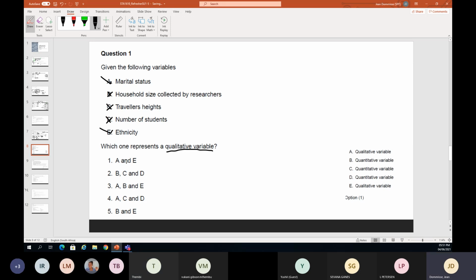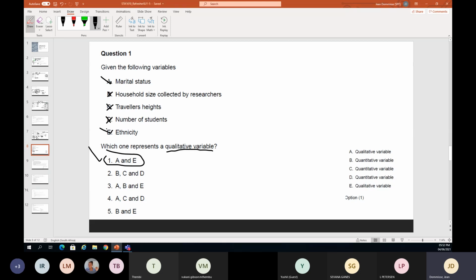So marital status, ethnicity, so A and E, correct. Household size will be 1, 2, 3, 4, 5. Traveler's height will be in centimeters, meters, or whatever. Number of students, again, 1, 2, 3, 4. So all of that is quantitative variables. The only two that are qualitative are A and E.